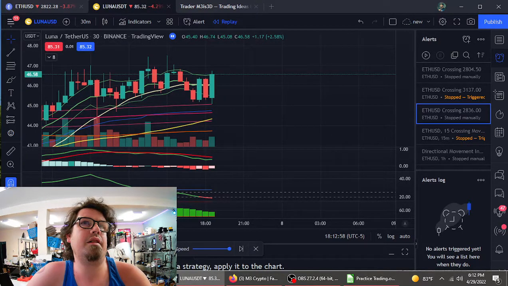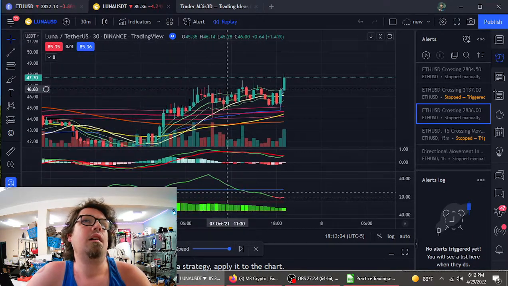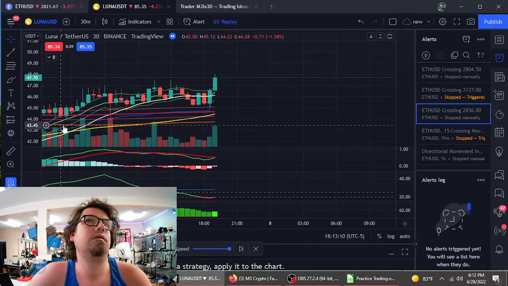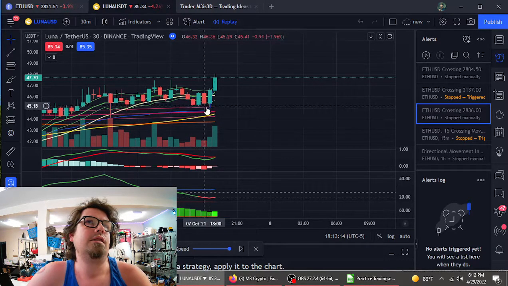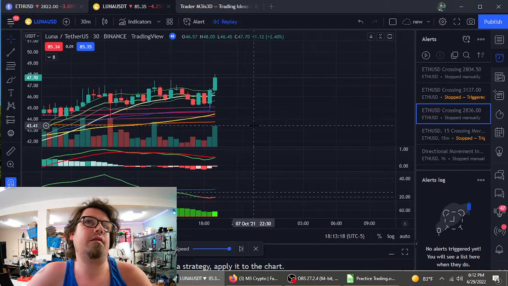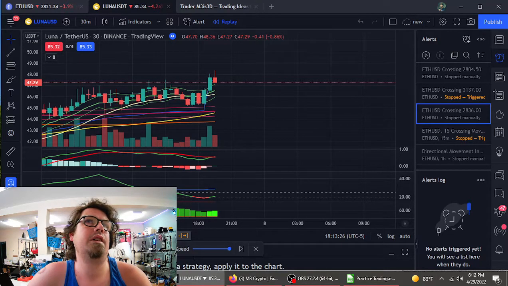Alright, I'm going to wait for that ADX to look good again. Dang, another red, green, red. Sometimes I go through this too fast. The time to get in probably was here, not there. Yeah, I'm not doing it.